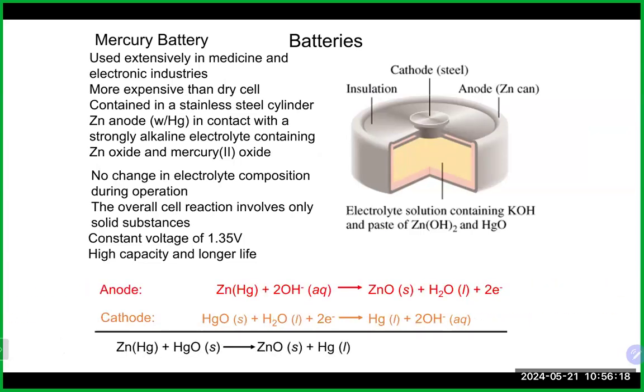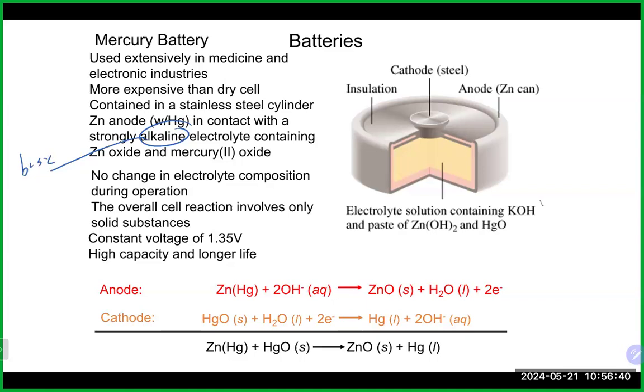Another type of battery is a mercury battery. Mercury here is used a lot in medicine and electronic devices. It's a little bit more expensive. It has a stainless steel container with a zinc anode in contact with a strongly alkaline electrolyte. Alkaline is basic, hence the KOH here, which is a strong base.